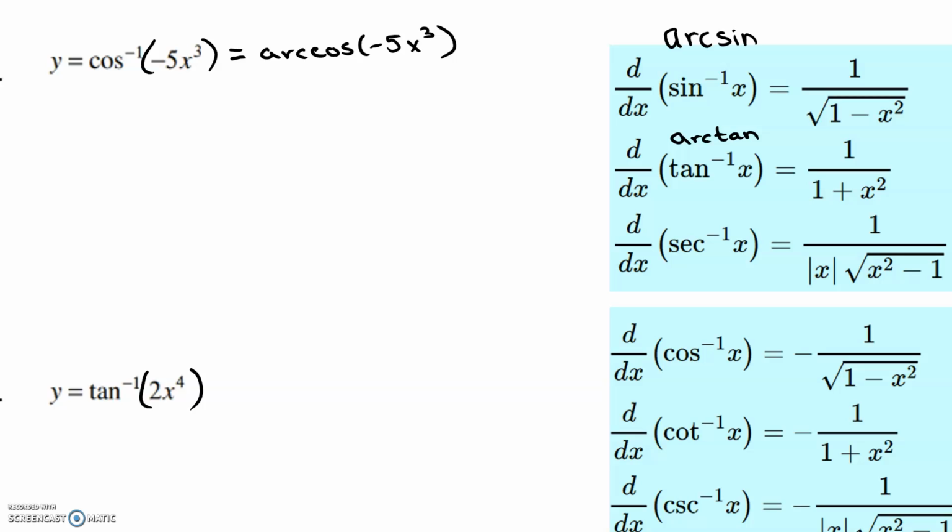So when we're looking for this overall derivative, we're going to have to do our inside-outside business. So f of g of x: when we're considering what's my outside, well, my outside function is the inverse cosine. My inside function is that negative 5x to the third.